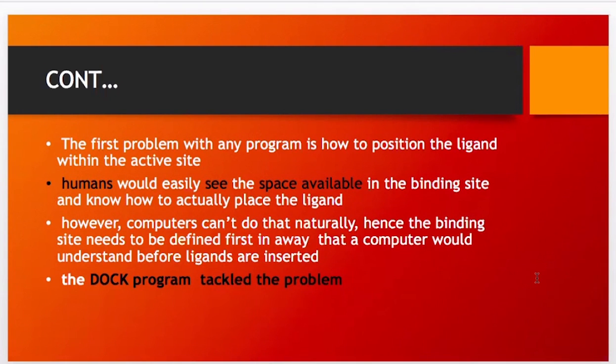Okay, and the other thing is that with this automatic software, there's a problem whereby, with certain software, it's kind of difficult to position the ligand well in the binding site, because it's a computer, it's a software.